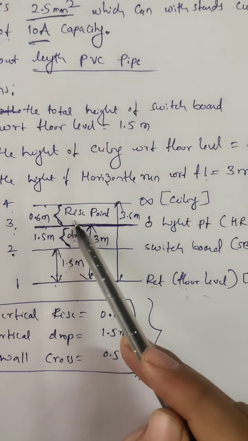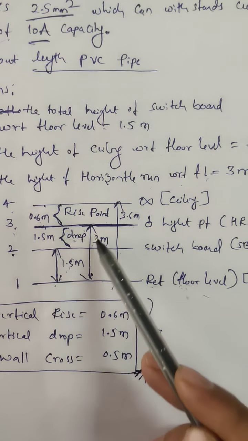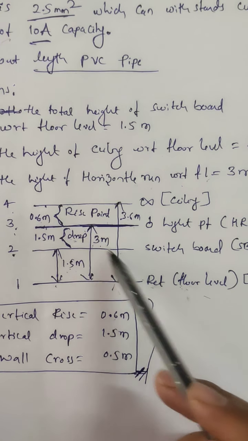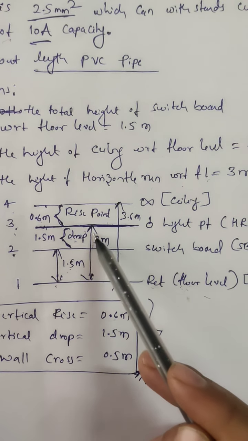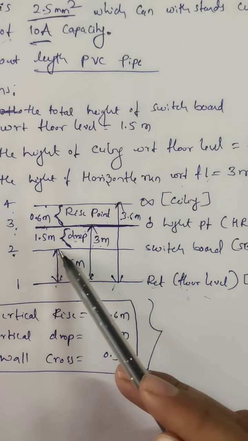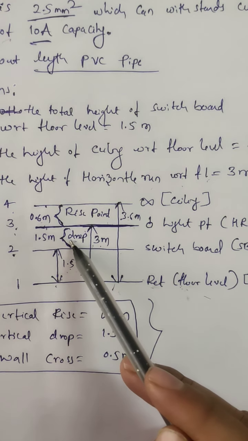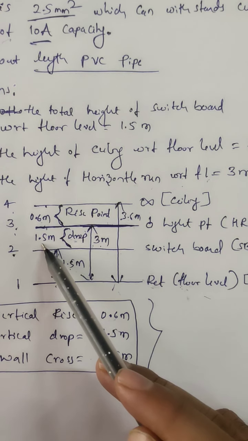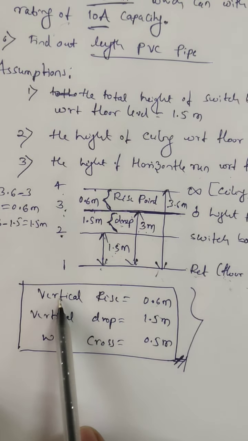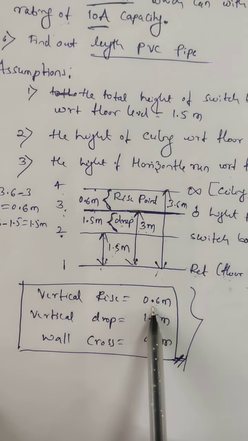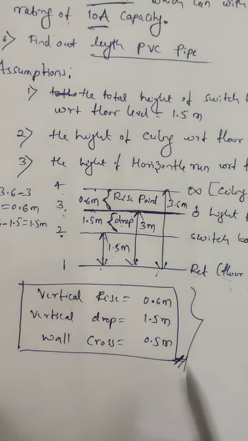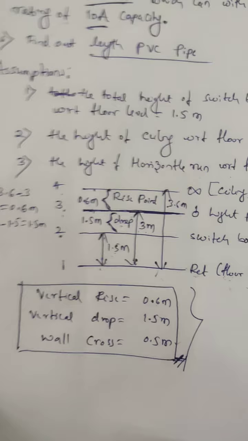That is the vertical rise. Similarly, vertical drop means the difference between the lighting and switchboard, so 3 meter minus 1.5, which is equal to 1.5 meter. Here I have written the same thing again: vertical rise is 0.6 meter, vertical drop is 1.5 meter, wall cross I assumed 0.5 meter.